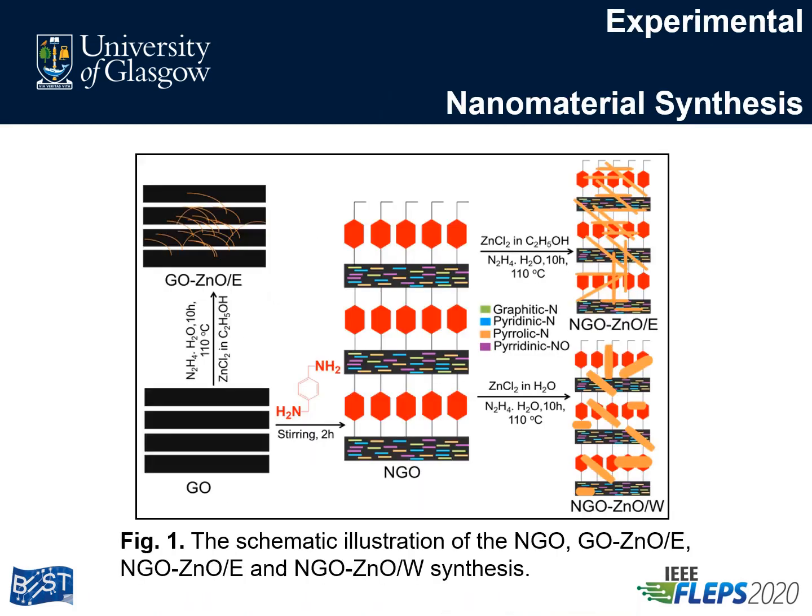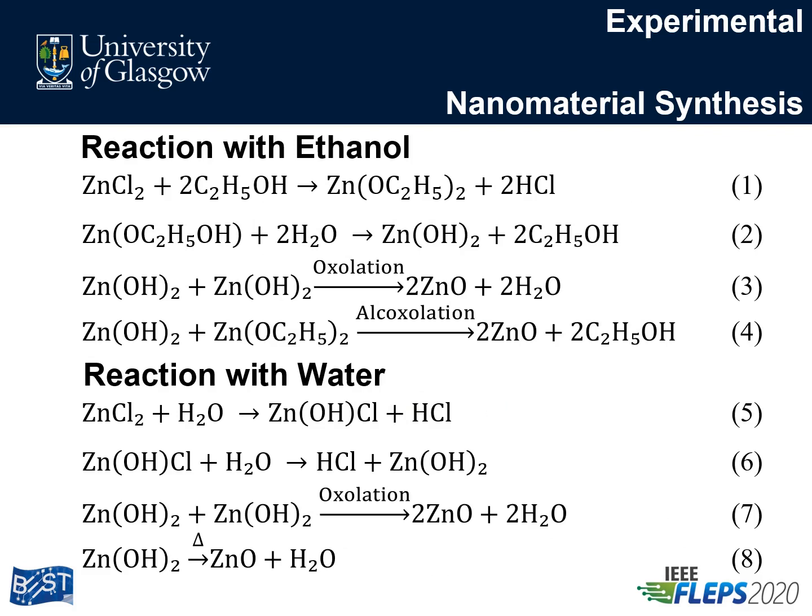In this context, we selected two solvents, ethanol and water, to synthesize zinc oxide nanorods, and as a substrate we used nitrogen-incorporated graphene oxide, which was formed by the incorporation of paraxylylene diamine into the surface of graphene oxide through covalent and pi-pi interaction. Zinc chloride was used as a precursor for the formation of zinc oxide nanorods.